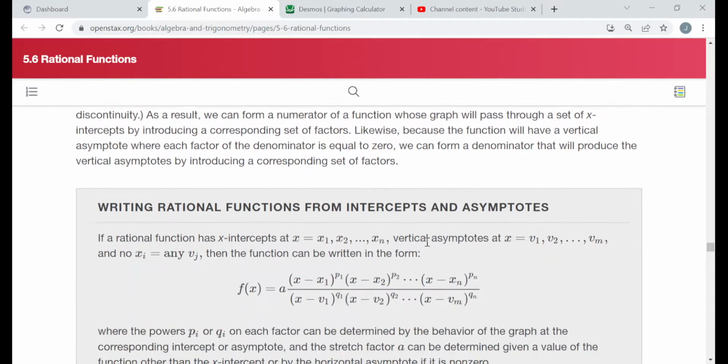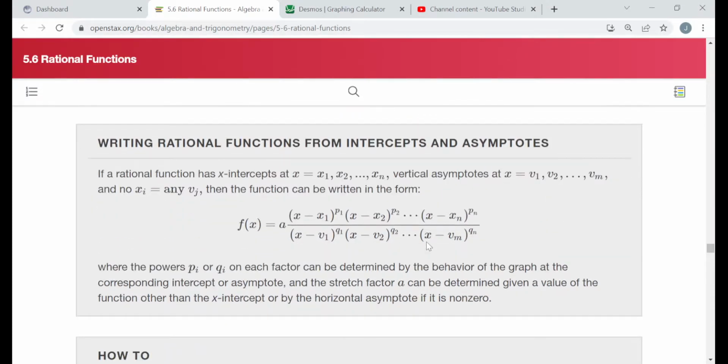What we're going to be doing is either given a graph of a rational function, or some information about a rational function, and asked to write a function that would match all that information. Everything will basically look like this at the end.